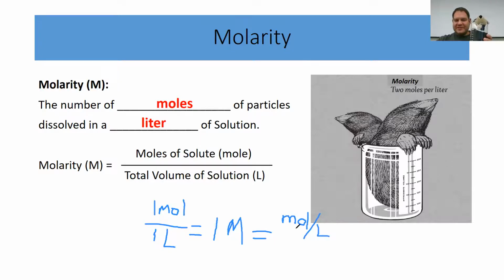So you can use either the M for the unit, or moles per liter for the unit of molarity, either way. So this is our 1 molar solution: 1 mole dissolved in a liter of total volume.